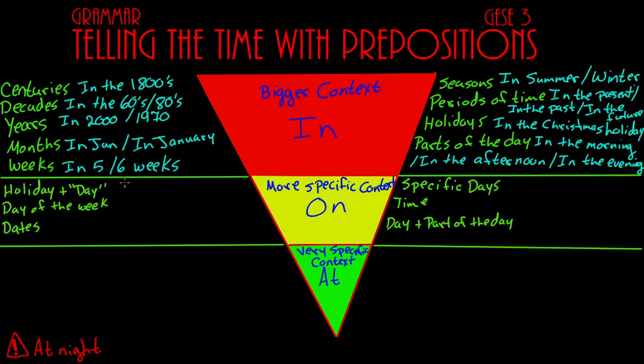Okay, for example, holiday plus day, instead of saying in the Christmas holiday, we would say on Christmas Day. On Christmas Day. And when we do days of the week, it would be on Monday, for example, or on Friday. When we talk about dates, we would use this maybe with ordinal numbers.